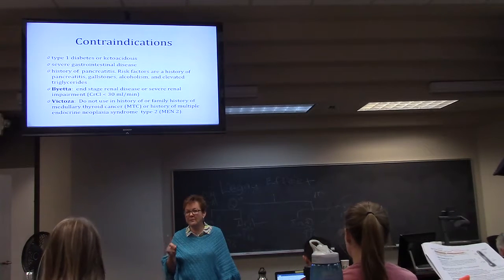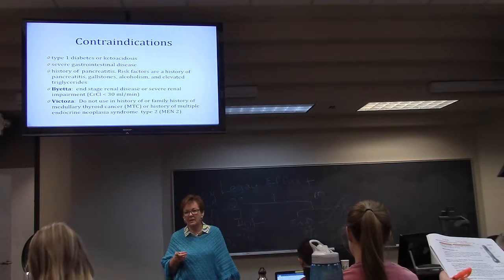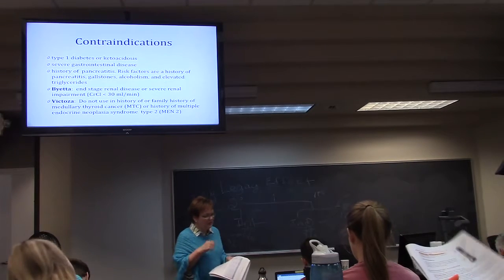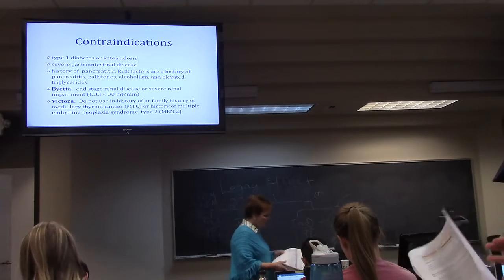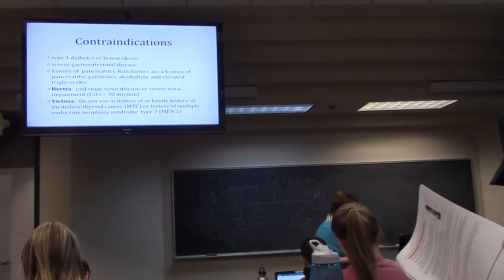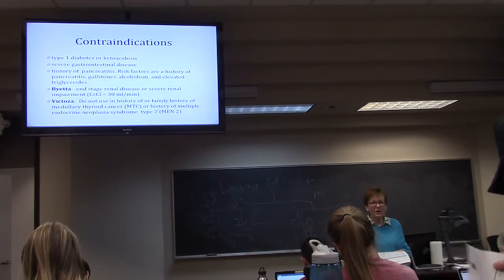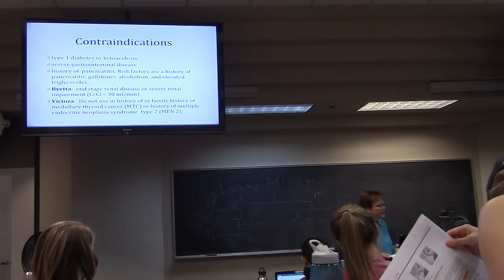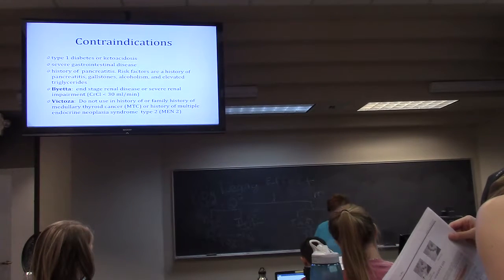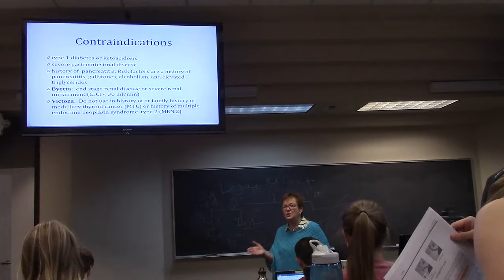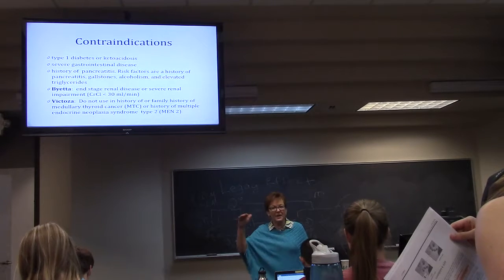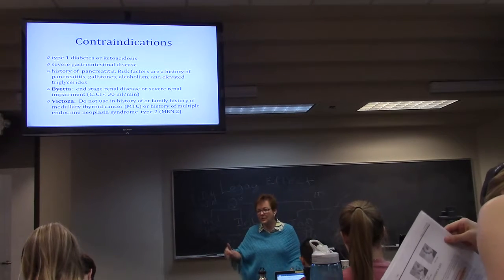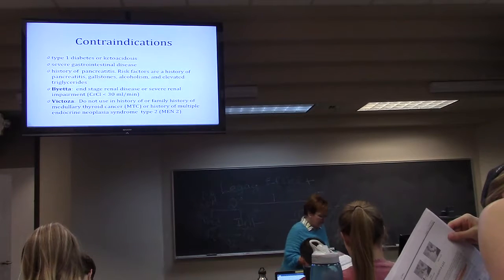Early on, I saw one patient develop this and die from it. So you've got to do a history of whether they've had pancreatitis. Gallstones, alcoholism. Sometimes you can get alcoholic pancreatitis or alcoholic ketoacidosis. Elevated triglycerides, usually all of those are pancreatic related, so you increase the risk of that more severe side effect.